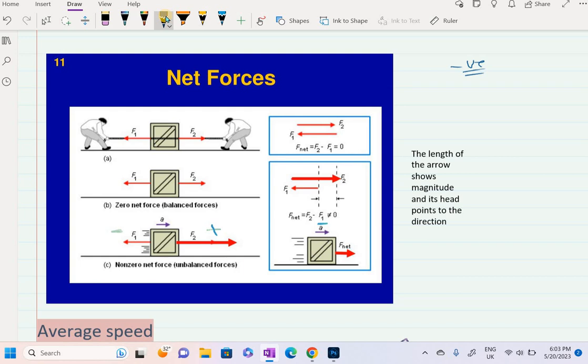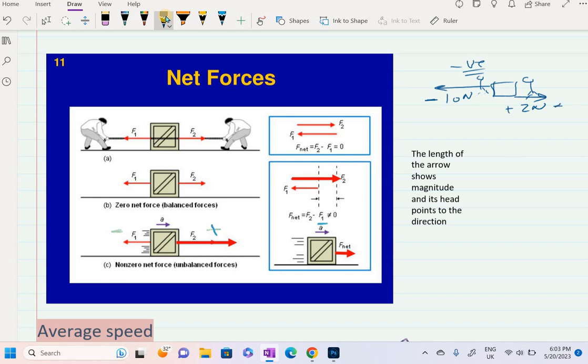For example, if I have a box, this man pushes this box by 10 Newton toward the left, and because the force goes to the left, it has a negative sign. Another man stands here and pushes this box with 2 Newton, and because that force is to the right, it has a positive sign.